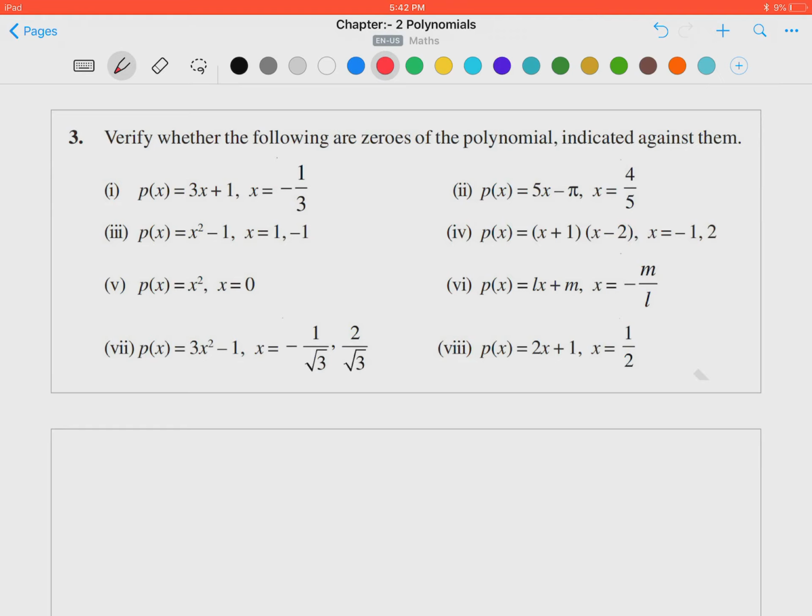Okay, the first one that we have here is answer number 3, part 1. We have px equals to 3x plus 1 and x is equals to minus 1 by 3. Okay, we have to check its value at x equals to minus 1 by 3.